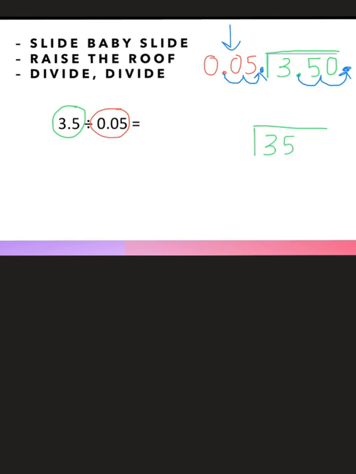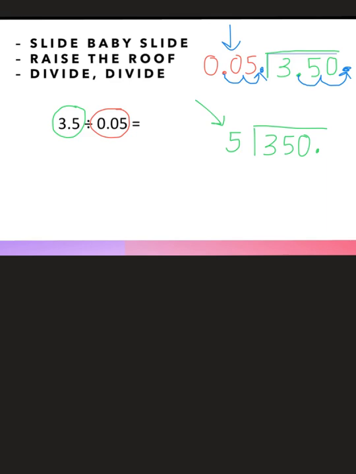So now our division problem looks like 350 inside the house, and our decimal is after the 0, and our divisor on the outside of our house is now a whole number 5. And this is what we wanted. Now that that's a whole number on the outside, we can divide just like normal.